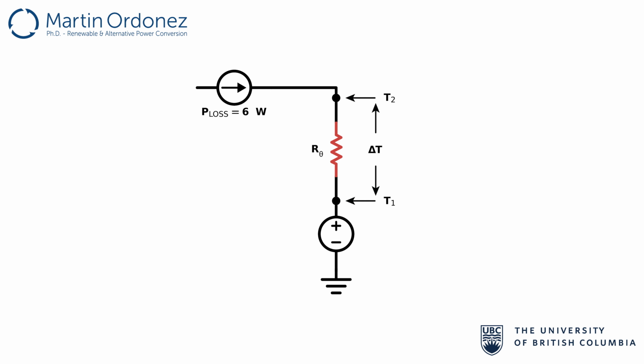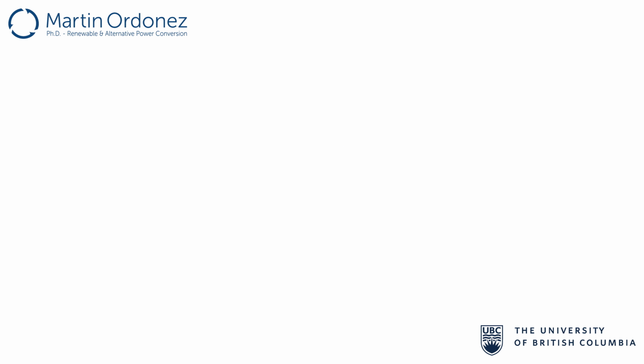However, for this example, let's consider 6 watts of losses. It also should be noted that T1 is a reference temperature defined as the ambient temperature, which is considered to be 25 Celsius.